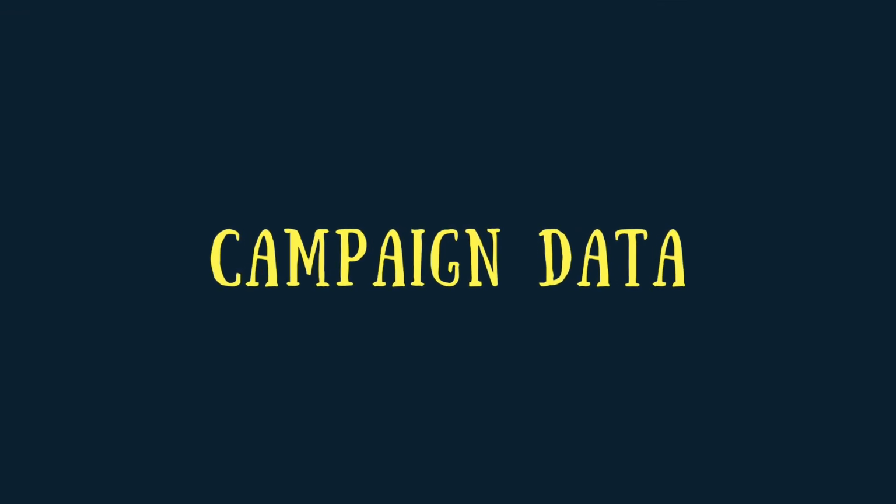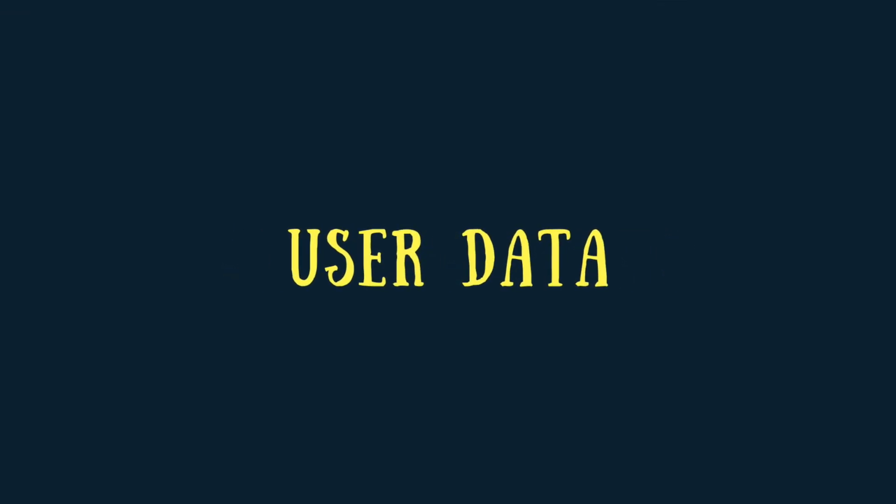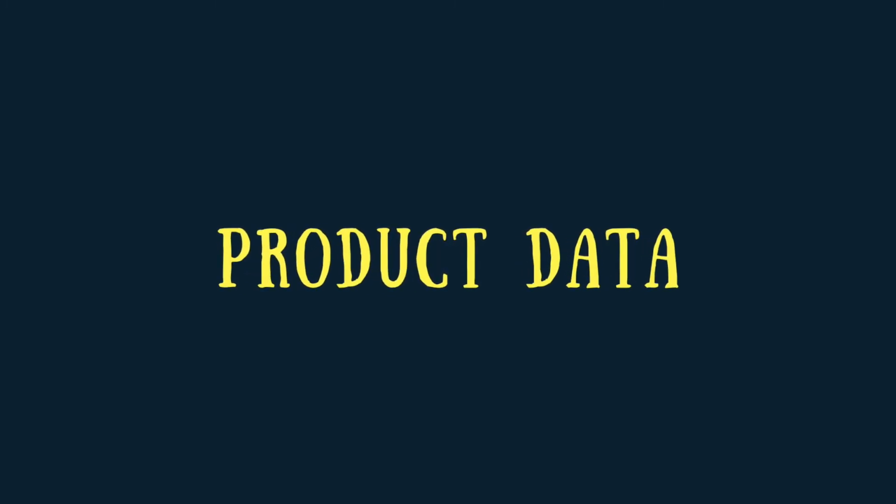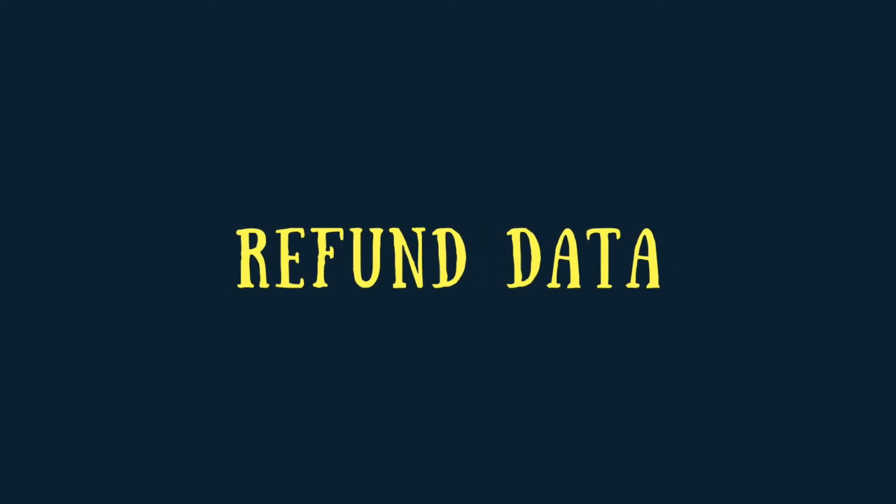We can then send the CRM data via the Google Analytics API to Google Analytics. And the types of data that we can send from our CRM back into Google Analytics via the API includes campaign data, user data, content data, product data, refund data, and cost data. So our Google Analytics becomes very, very rich.